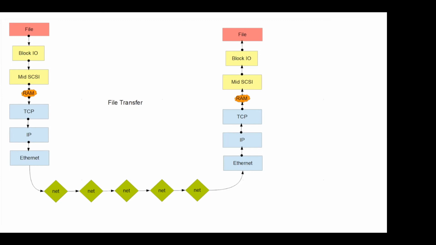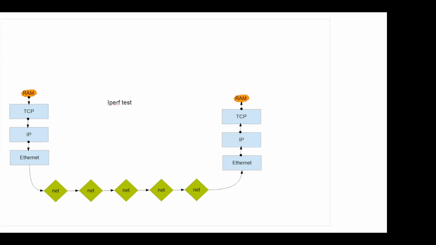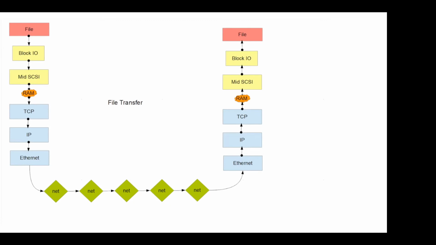When it gets to the other side, it's got to go back through that chain and up and writes it to the file. Now, storage systems, even SSDs, which are much faster than spinning drives typically, are quite a bit slower than RAM. So when you try that iPerf transfer, RAM to RAM will be very fast. When you try the file to file, disk to disk transfer, you're going to be working with storage systems, which are slower. So you're going to get less throughput.